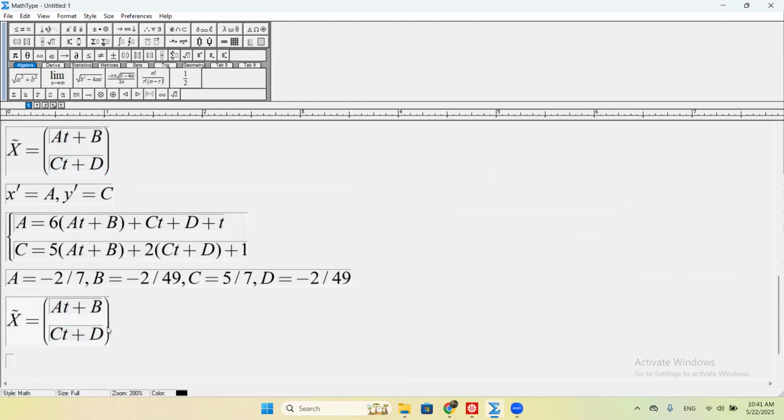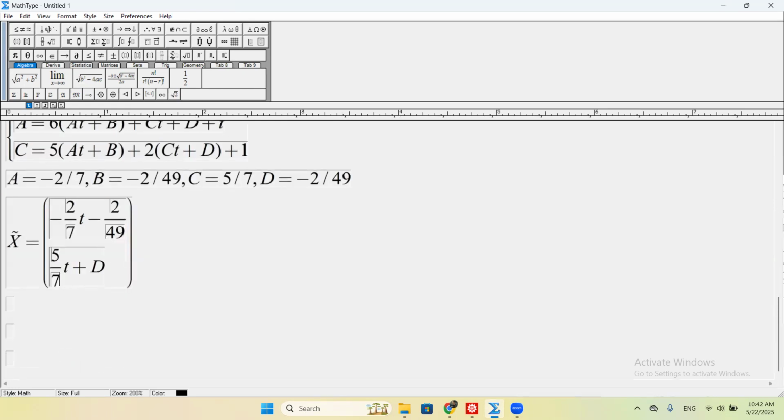So the partial solution will be the following: minus 2 over 7 t minus 2 over 49, then 5 over 7 t minus 2 over 49. And the general solution will be the sum of the solution of the homogeneous system plus the partial solution.